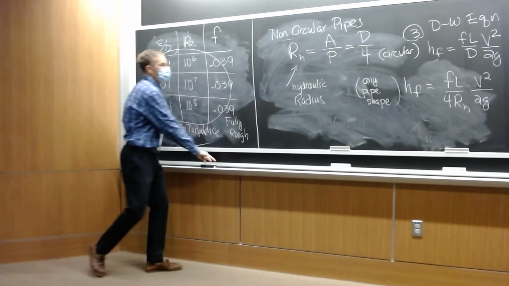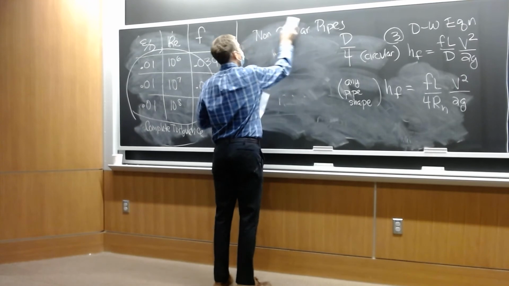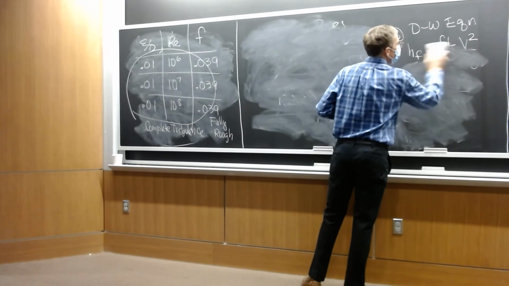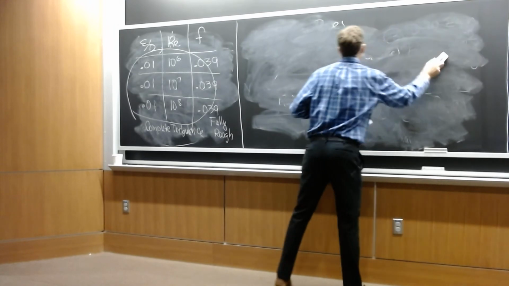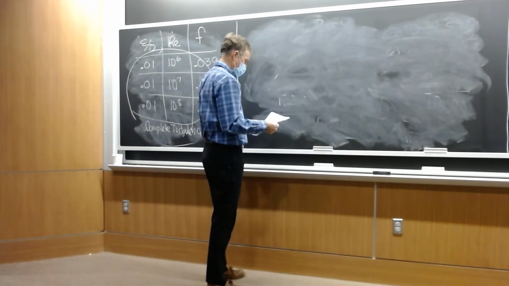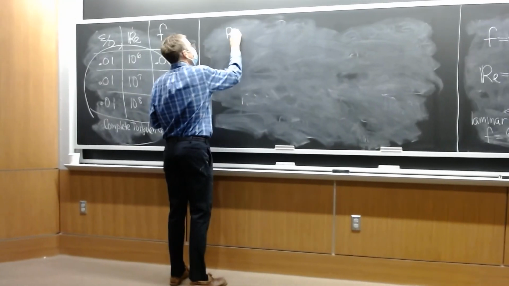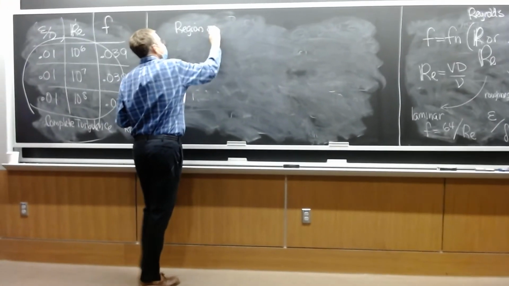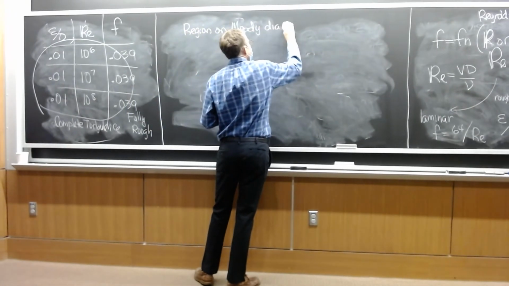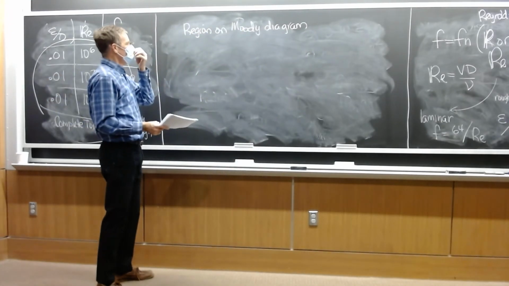But what I said is that in trying to figure out how this is working, what we need to look at is another ratio. We're trying to figure out the different regions within the Moody diagram.